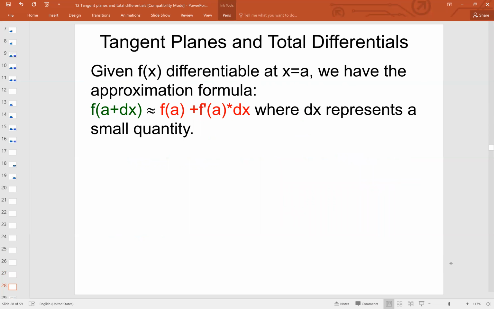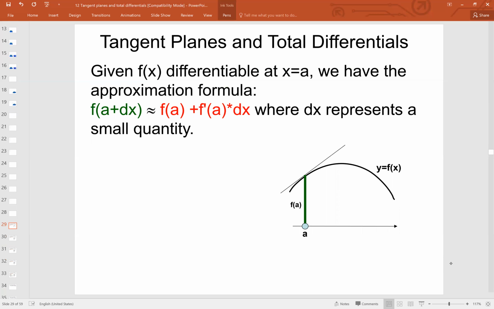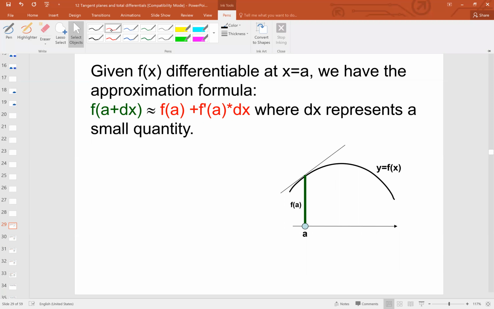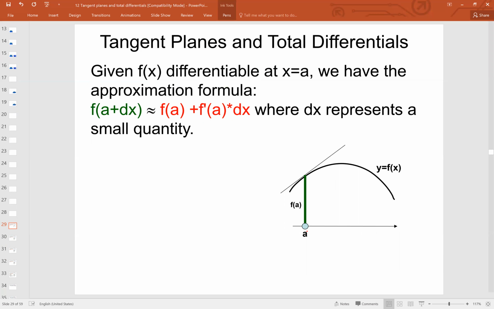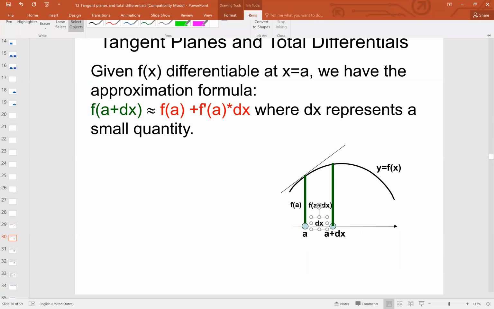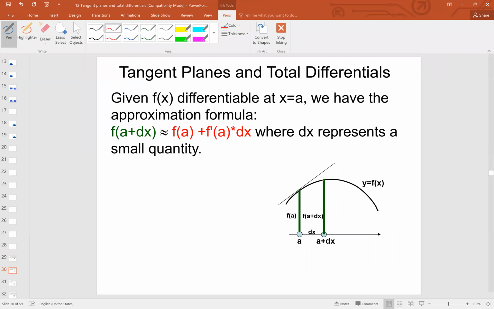What else can we use the tangent plane for? We can use it to approximate. Remember in the case where we have one variable, y equal to f of x, and we have a tangent line, and suppose I'm at a point A, and I move over a little bit, so dx, which is the same as delta x. I want to find out what is the function value at f of a plus dx.